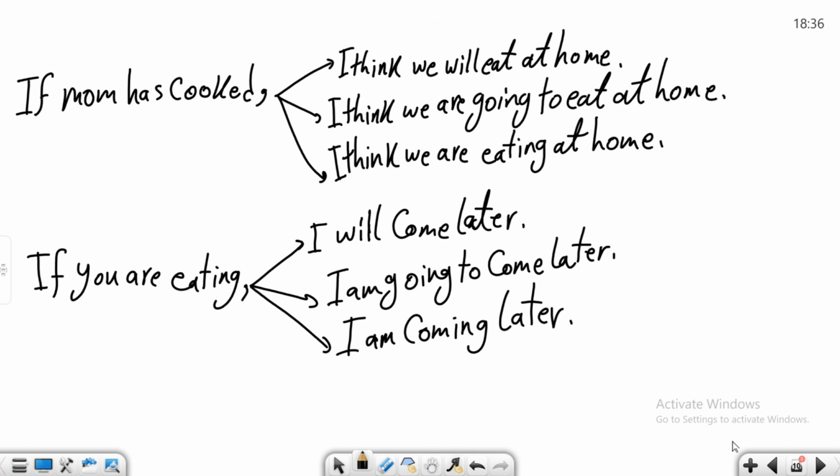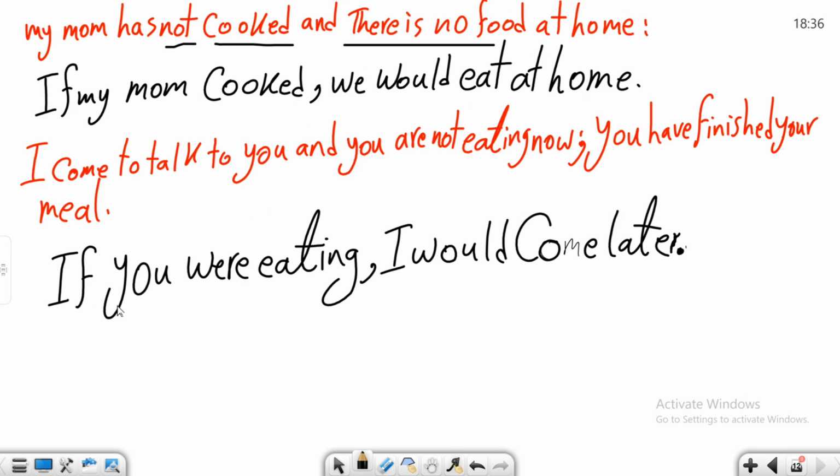Here, my friends, when I talk to my friend, I tell him, if you are eating, there is a possibility that you are eating. As you see here, there is no possibility, and I am sure that you are not eating. So I tell you, if you were eating. So here, I am imagining. I said, if you were eating, because I am sure that you are not eating.